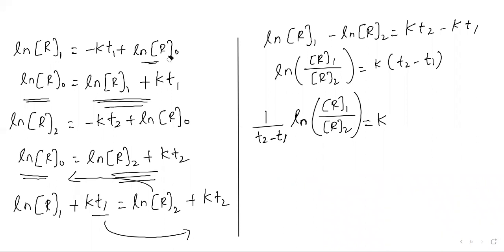So this is about first order reaction. This first order reaction is generally seen in radioactive decay of isotopes, unstable nuclei. In radioactive decay, generally it will be a first order reaction.